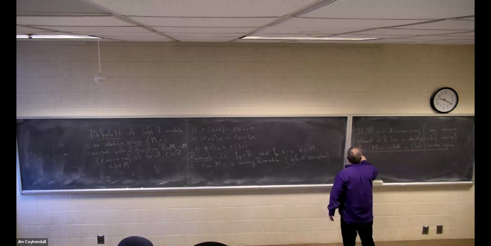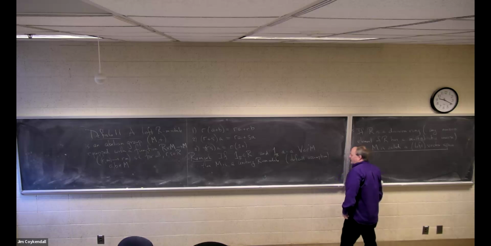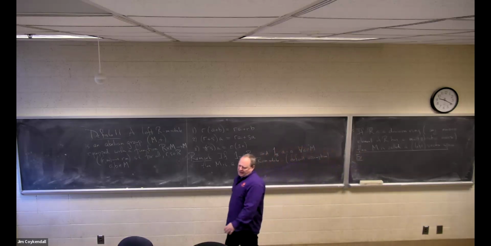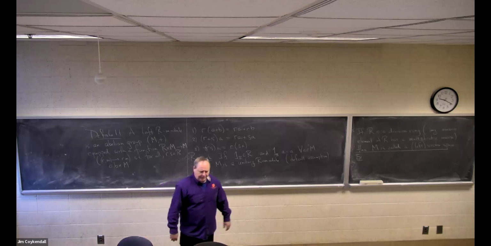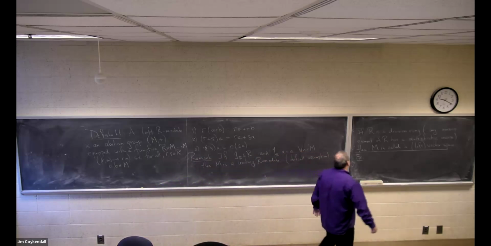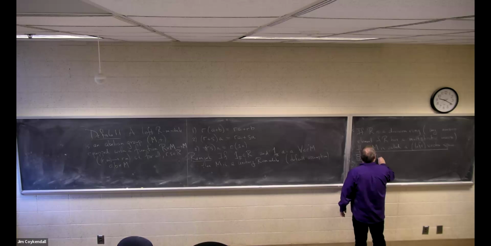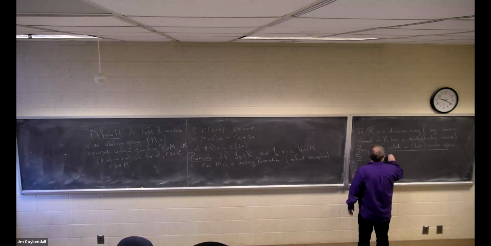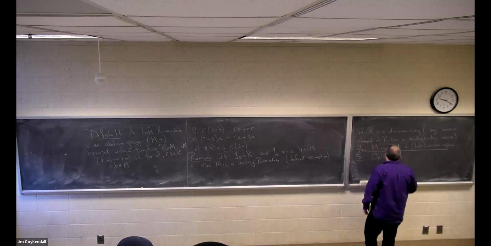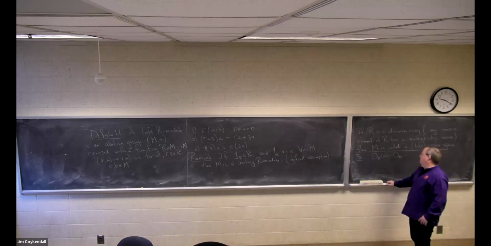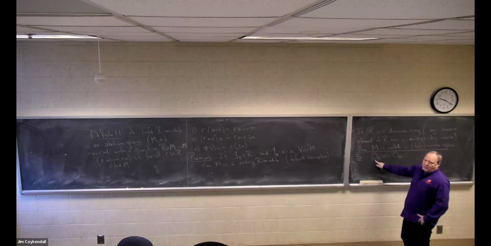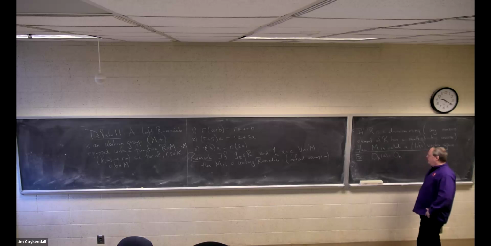So here is an exercise. I encourage you to work this out. I'm going to write this down as just a fact. This is true for any module: when you take the zero element of R times any element of the module, you get the zero element of the module.